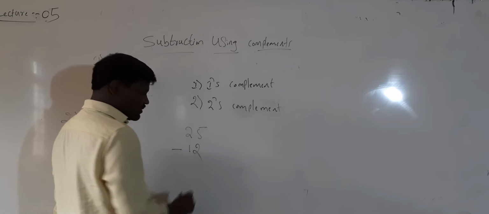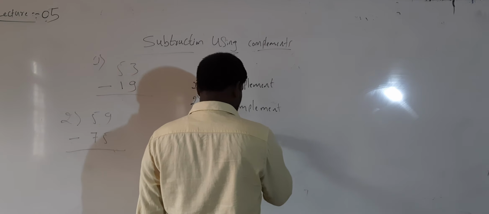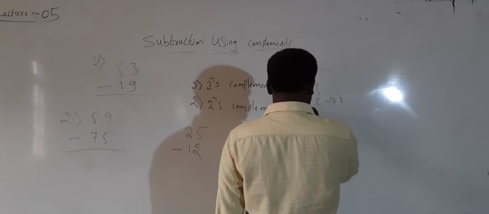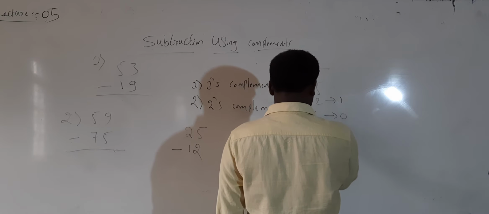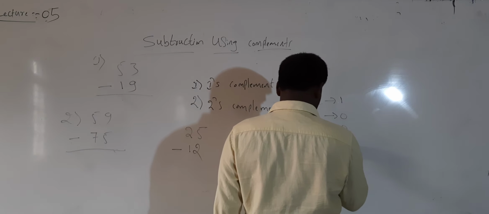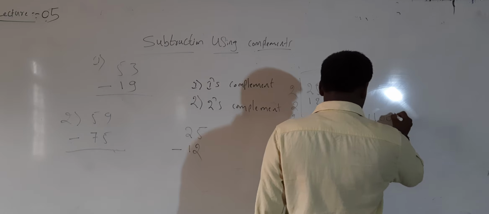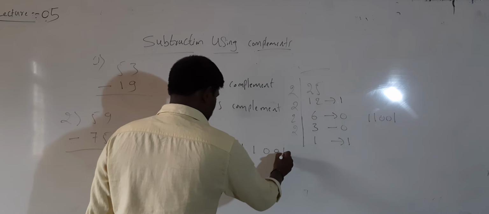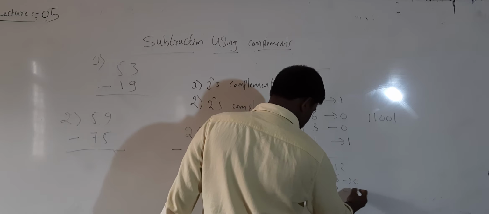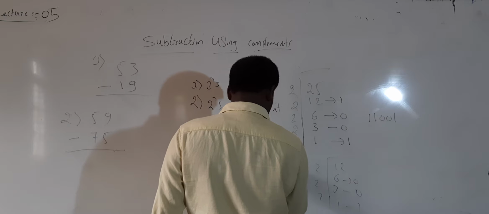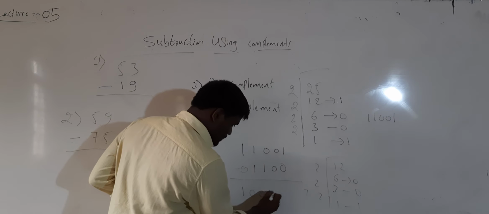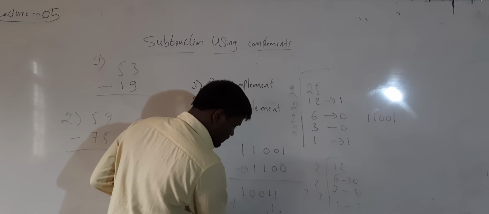Minus 25 is... Okay, so 1's complement is 1 0 0 1 1 plus 1, 1 1 0 carry 1, 1 1 0 carry 1, 1 0.